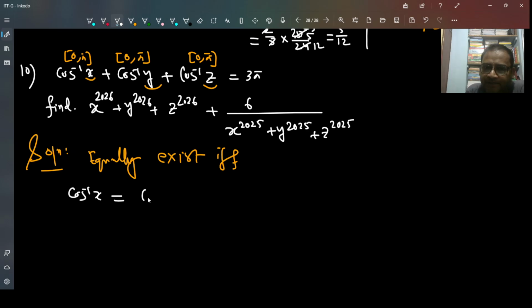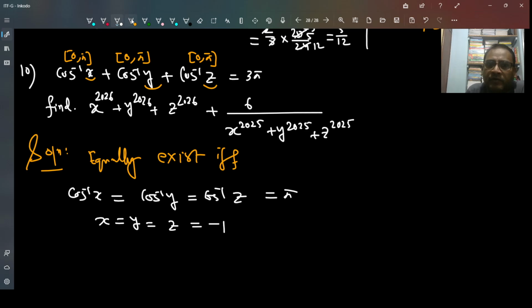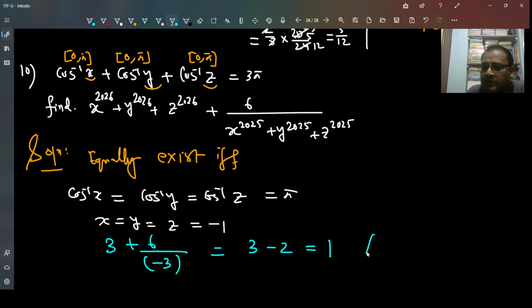Cos inverse of x, cos inverse of y, cos inverse of z is pi. So from here we get x equal to y equal to z equal to minus 1. Now put it here: minus 1 to the even power is 1, so 3, then 6 by odd power so minus 3. So 3 by minus 2, which is our answer.